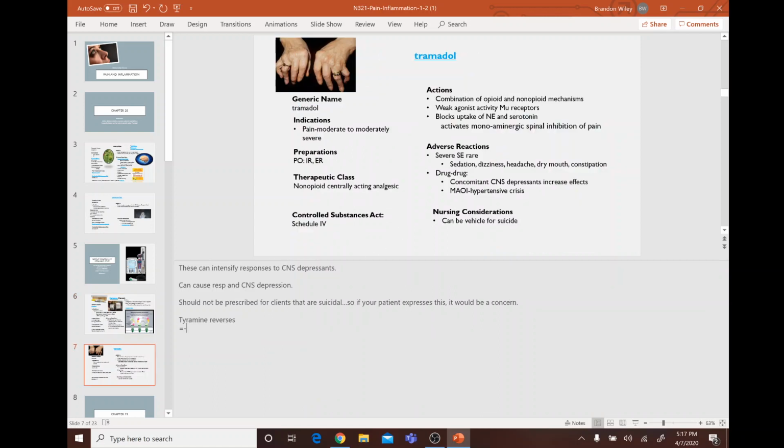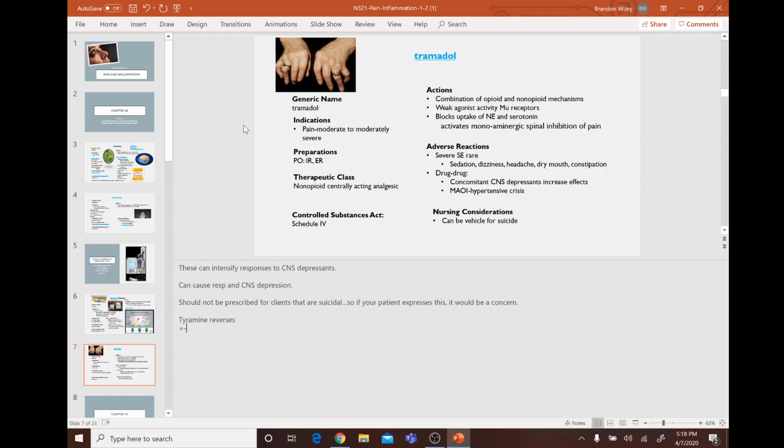All right, Tramadol. What is Tramadol used for? Moderate to moderately severe pain. What are the actions of Tramadol? Combination of opioid and non-opioid mechanisms, weak agonist activity at mu receptors, blocks uptake of norepinephrine and serotonin, activates monoaminergic spinal inhibition of pain.